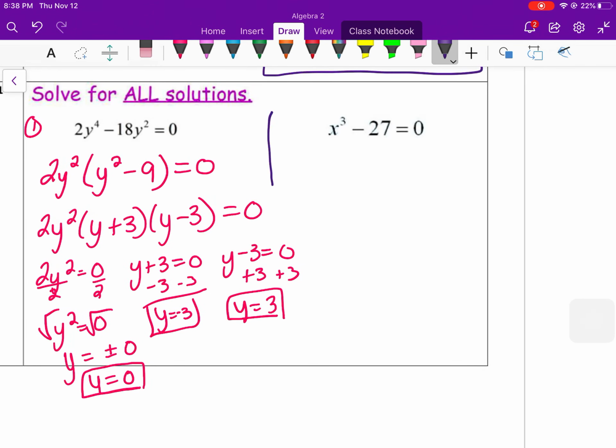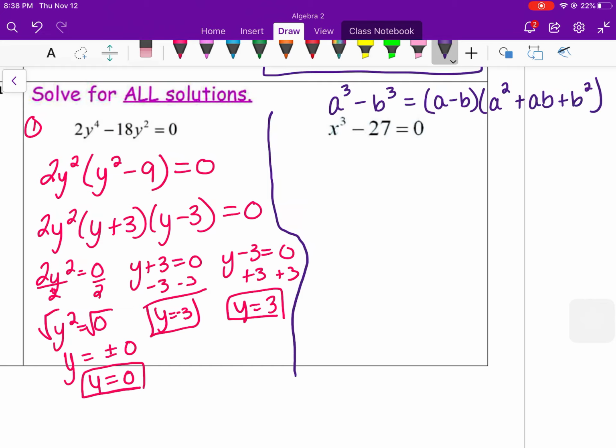Okay, the second one here, x cubed minus 27. This is a difference of perfect cubes, an a cubed minus b cubed. So this is going to factor to a minus b times a squared plus ab plus b squared, where our x cubed, and then 27 is 3 cubed.